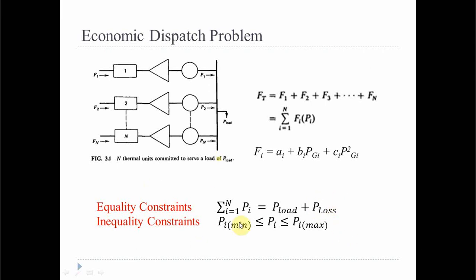Next, each generating unit will have a certain minimum limit and maximum limit on its generation. That is given by this particular inequality constraint. So you will have one equality constraint and n number of inequality constraints.